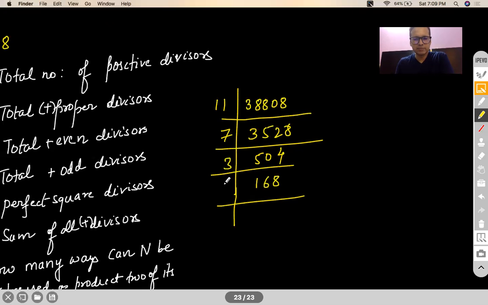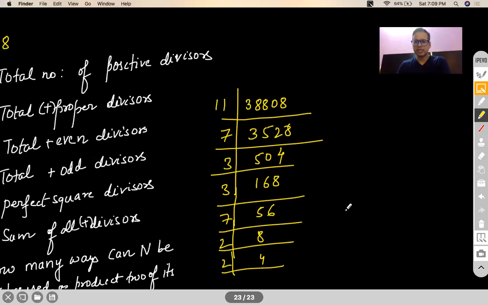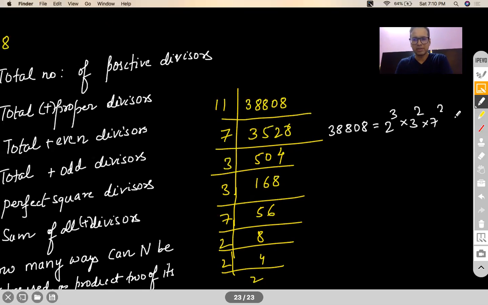Again a 3, 56. Again a 7, 8. 8 I know, 2, 2, 2. So can I say this number 38808 is prime factorizable as 2 to the power 3, 3 to the power 2, 7 to the power 2, 11 to the power 1. Is that fine? Okay.